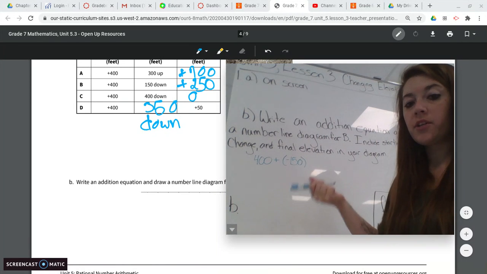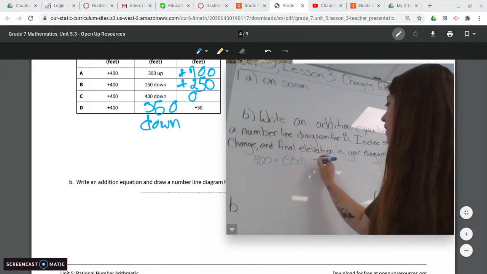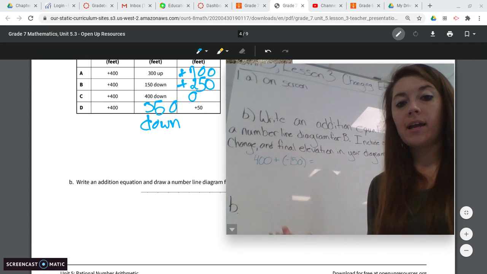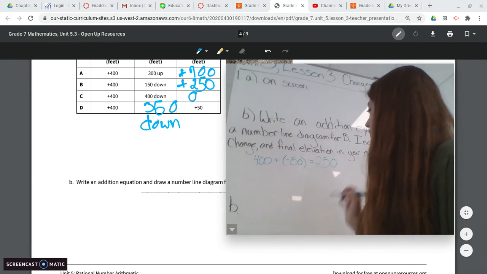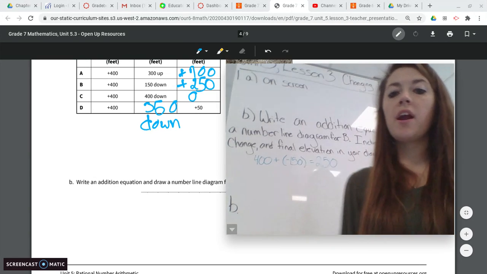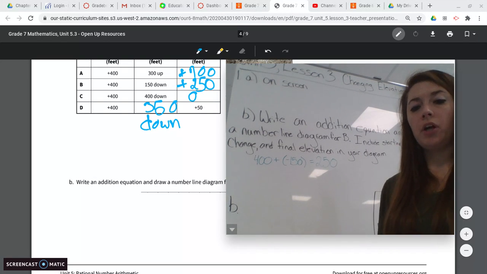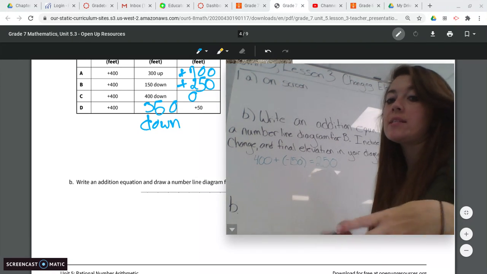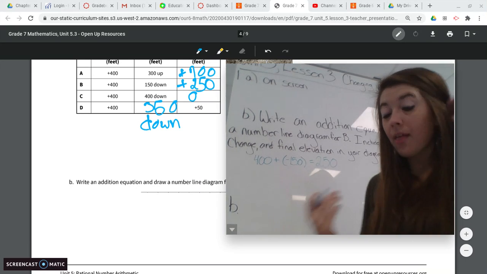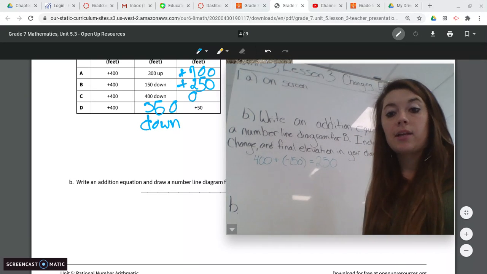So we've got 400 plus negative 150 equals our final elevation of 250. There would be our addition equation to represent the situation. We only used addition on this, even though we were going down. That is a completely possible thing to do.